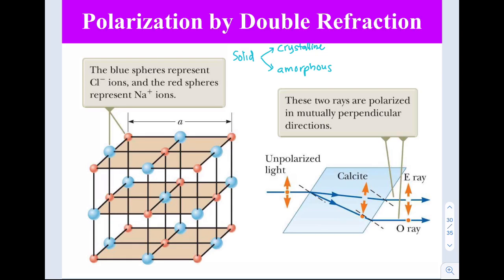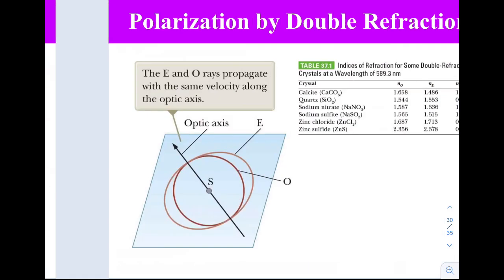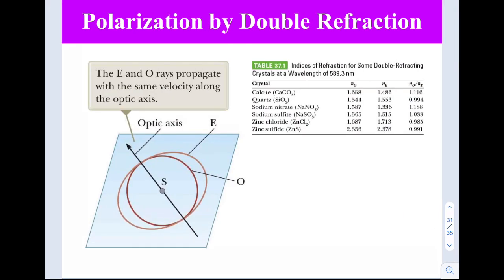NO for the ordinary ray, NE for the extraordinary ray, as represented by this. There is one direction, however, called optic axis, along which the ordinary and extraordinary rays have the same speed.